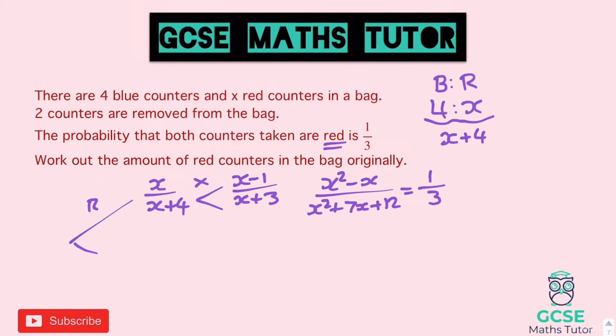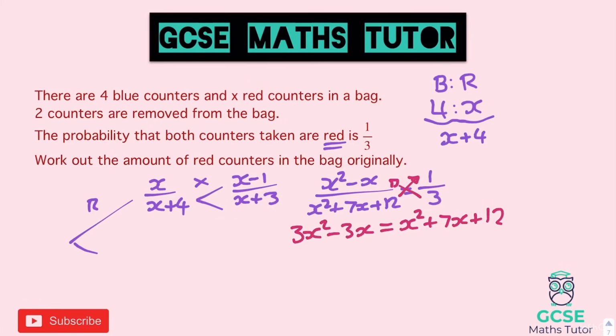And again cross multiplying, so times this top by 3 and this over here by 1, and we get 3 lots of x squared minus x, and you can always just imagine that. I'm going to skip the step of writing it as a bracket. We've got 3x squared minus 3x, and that equals 1 times that denominator there, which is x squared plus 7x plus 12. And then again, just making this equal 0.